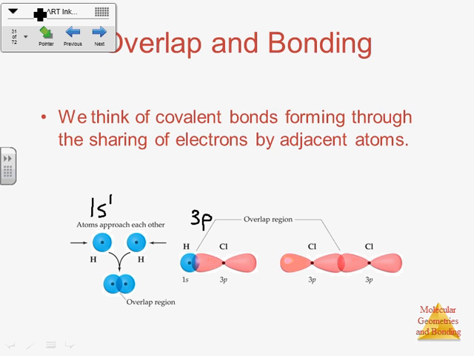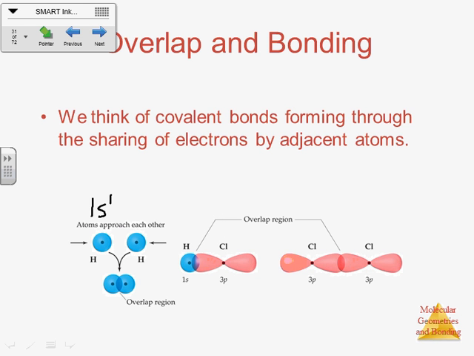Chlorine has 5 electrons in its 3p orbitals, and if you recall, there are 3 possible orientations for a p orbital: px, py, and pz. The pz is kind of going into the screen and coming out of it. One of these orbitals, probably the px in this example, is going to overlap with the s orbital of the hydrogen, and that's what's going to get shared there. Hopefully that makes sense.